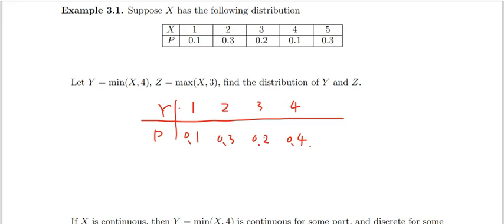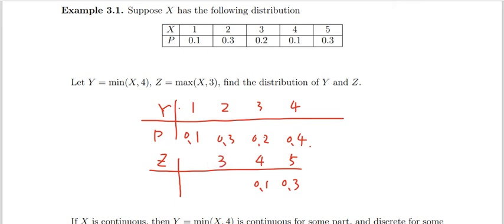So for the maximum, let's say if x is 5, the maximum is 5. For the maximum we just check this side. If x equals 4, z equals 4. For all those 3 cases, we just take 3, right?